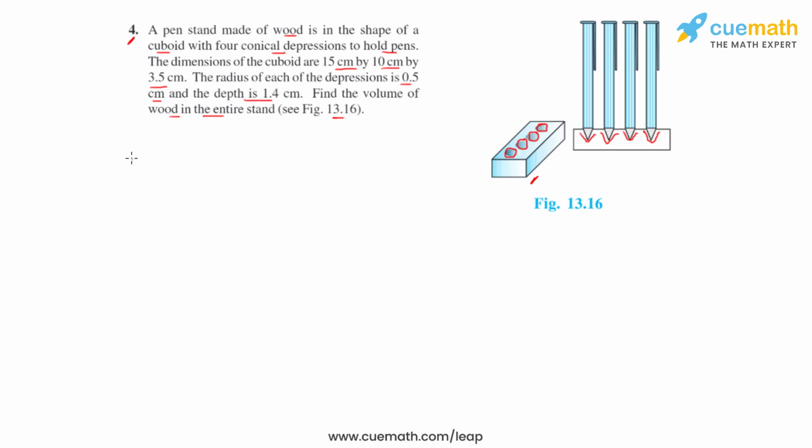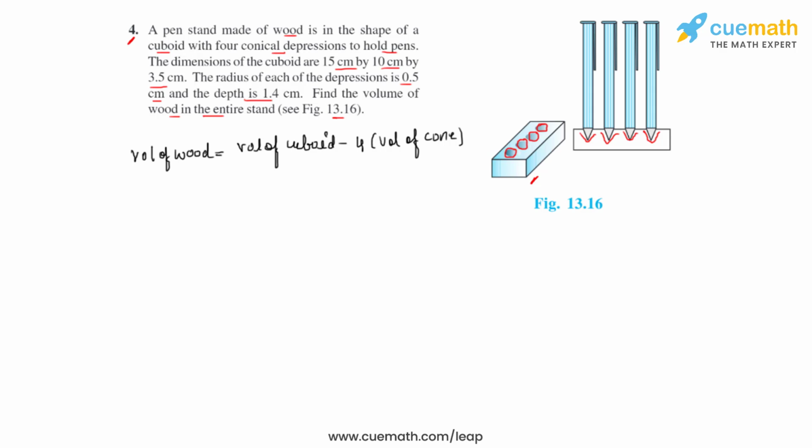So with this information we can write that the volume of wood in the pen stand will be equal to the volume of the cuboidal block that we have minus 4 times the volume of the conical depressions that are made so that the pens can stand in them.